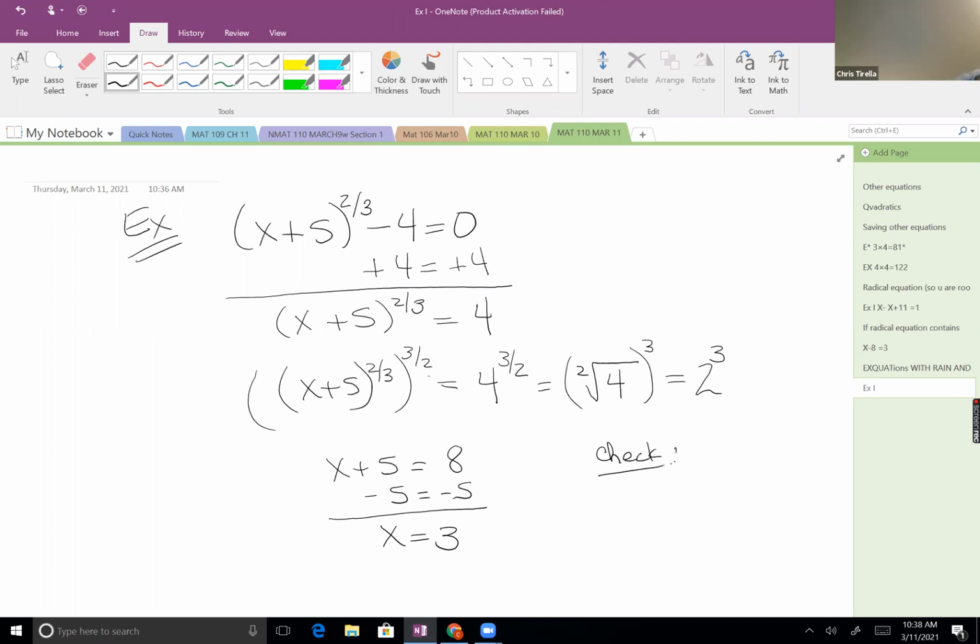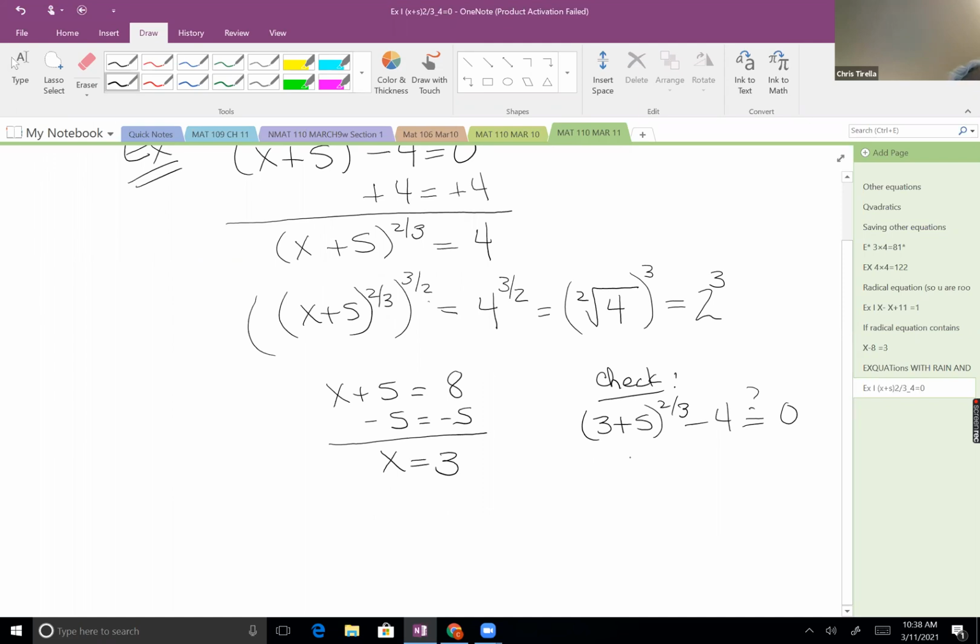If I go ahead and check, I'm looking at (3 plus 5) to the 2/3 minus 4, and I'm hoping that equals 0. So if I take 8 to the 2/3 minus 4, again, when I have that number with a fractional exponent, it means I'm taking a radical.